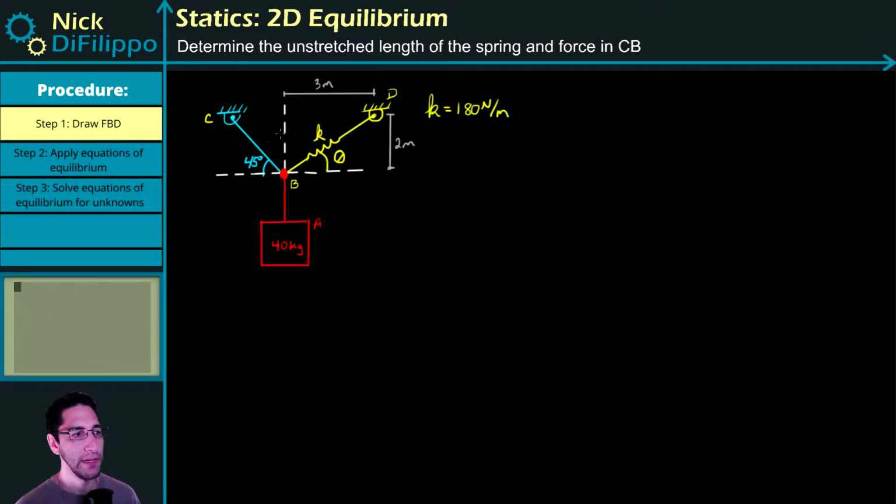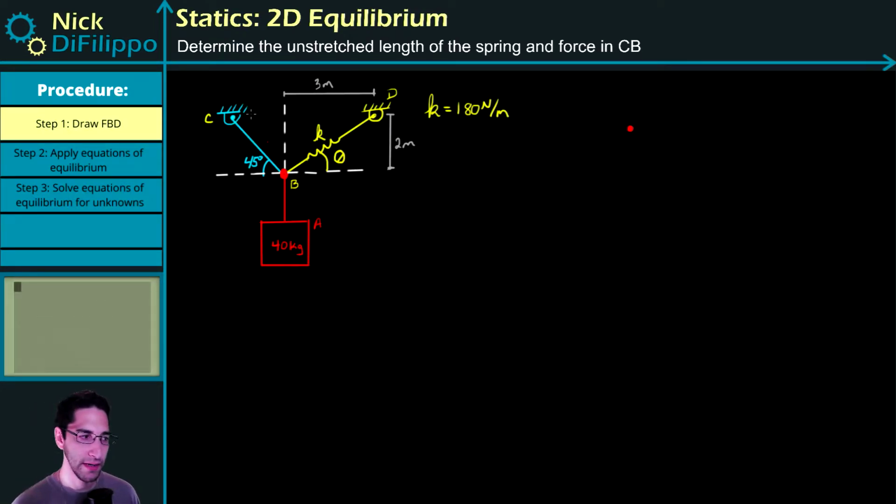First thing, we need to draw a free body diagram. And point B seems like a good candidate to start with because this spring and the string are connected to point B. So let's look at point B. At point B, we have this spring right here.